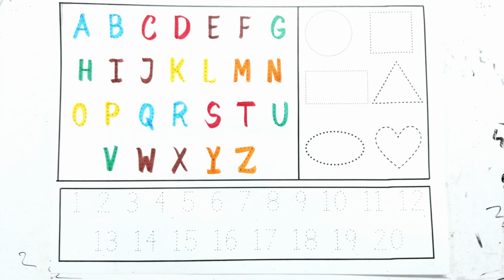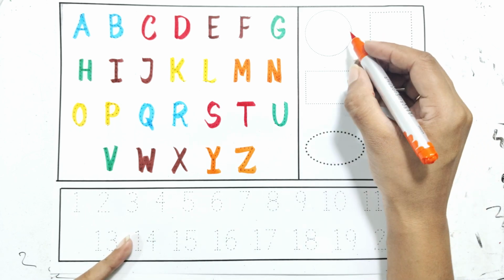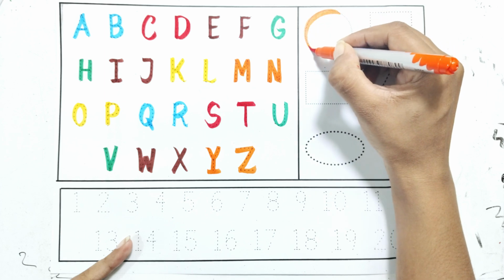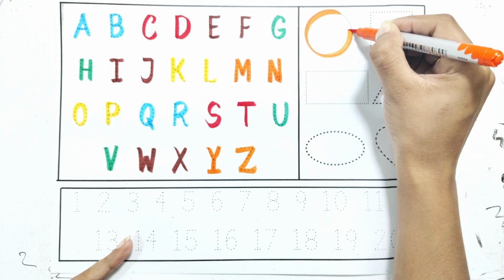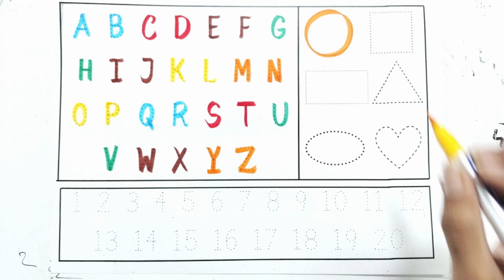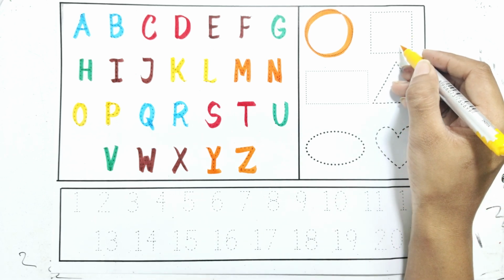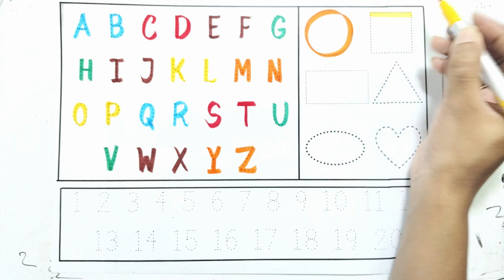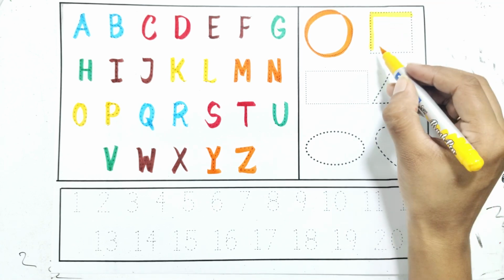Say with me the name of shape: circle. Draw with me a circle. Say with me the name of shape: square. Draw with me a square.